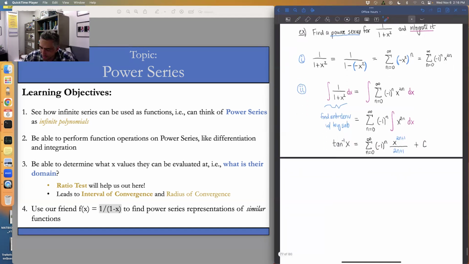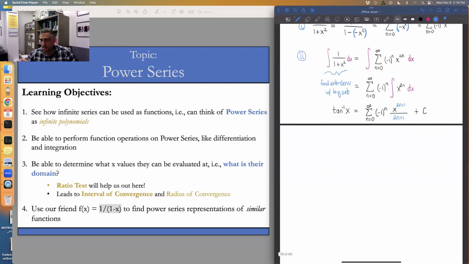Now, the last thing that I did in class today was just, as a fun side note, we can figure out some various aspects of arctangent and this power series relationship.